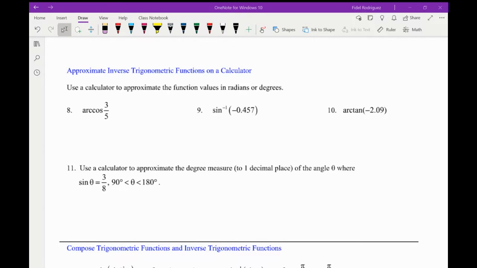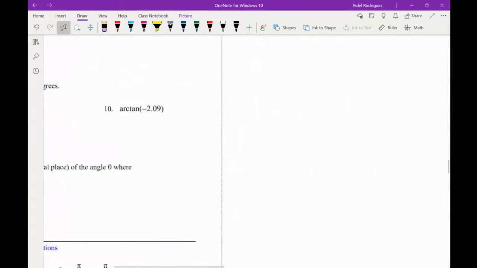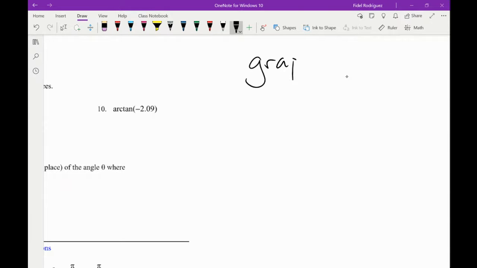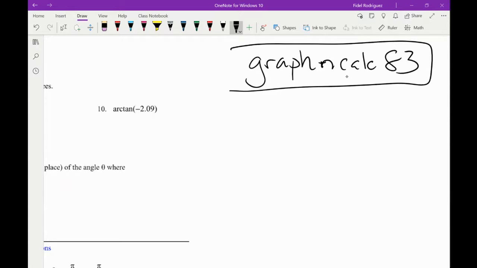I'm talking about the graphing one, the calculator app that I use when I send you the videos. Whether you have iPhone or Android, go to Google Play or the App Store and type in what it's called. They used to misspell it, and I think they spell it right now. It's Graph and Calc 83.